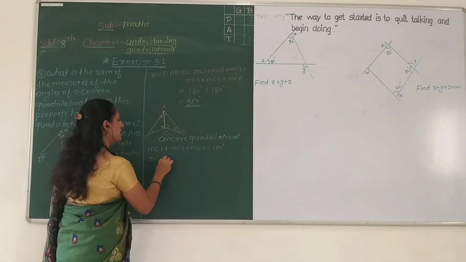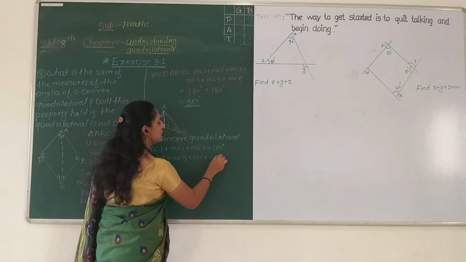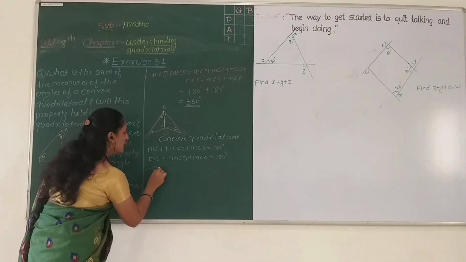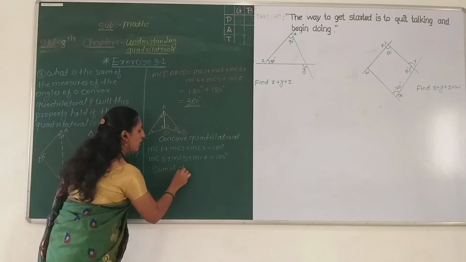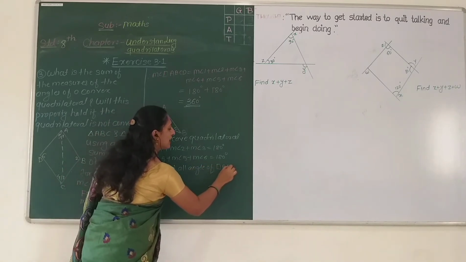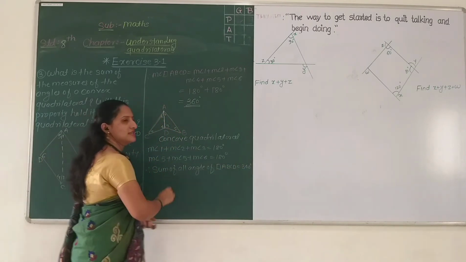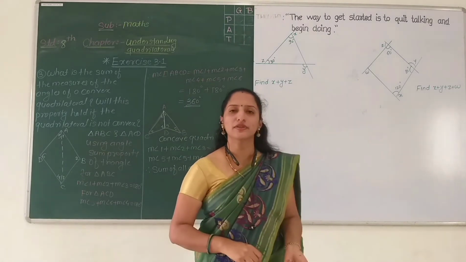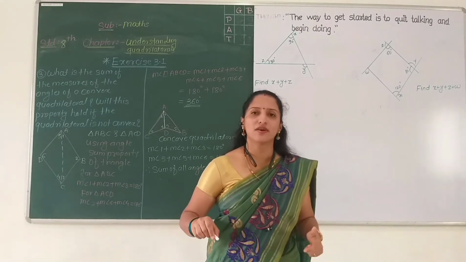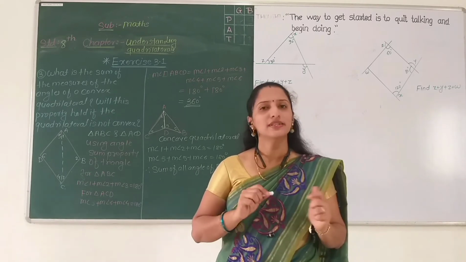Also measure angle 4 plus measure angle 5 plus measure angle 6 is equal to 180 degrees. Therefore the sum of all angles of quadrilateral ABCD is equal to 360 degrees. So there is no change if the quadrilateral is convex or concave. The sum of the angles of all quadrilaterals is equal to 360 degrees.